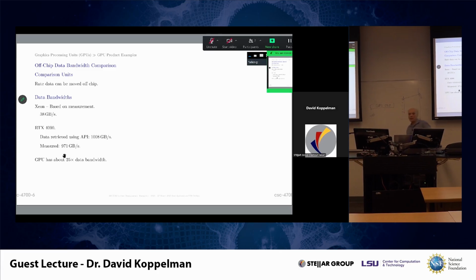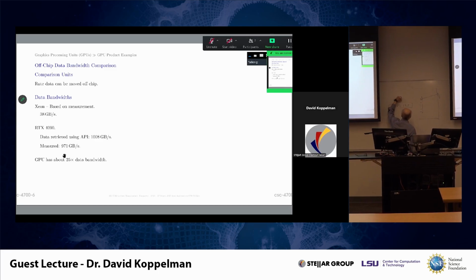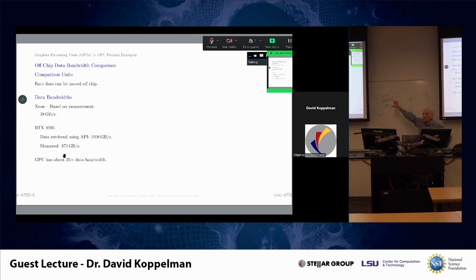The side view of the GPU chip, and you have DRAM chips that are stacked on top.